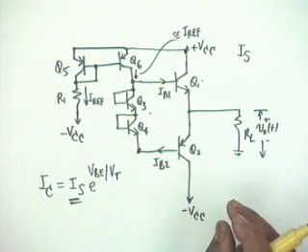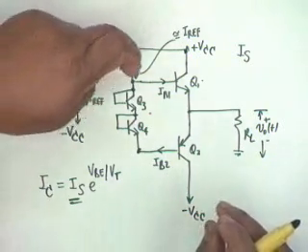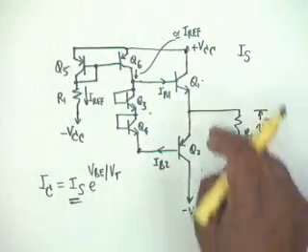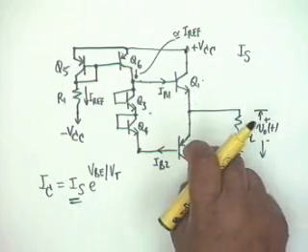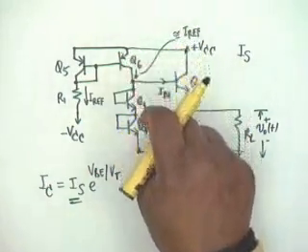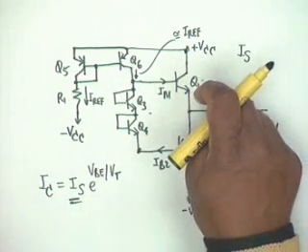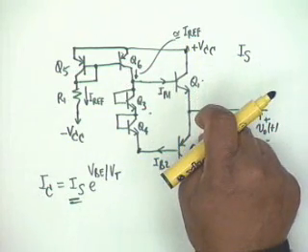So, if the junction areas of Q6, Q3, Q4, Q5 are less than that of Q1 and Q2, IS3, IS4 would be less than IS1 and IS2. Okay? You might ask me, why create this complication? Because in an integrated circuit, every modified step of fabrication costs money.